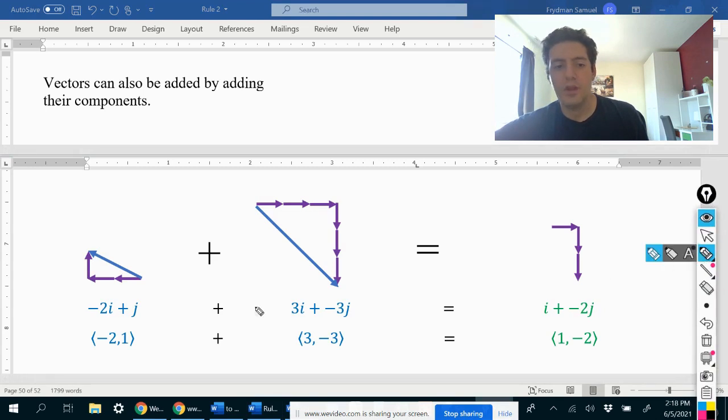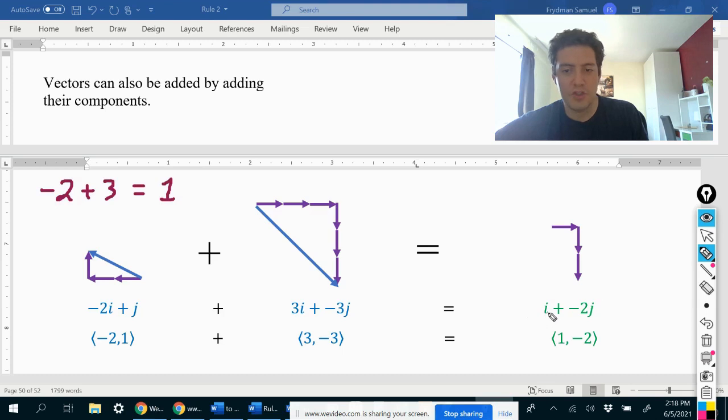So the coefficient in front of the i for this vector is negative 2, and the coefficient in front of the i for this vector is 3. So I'll just do it on the side over here. Negative 2 plus 3 is positive 1. Okay, so we end up with just positive 1i. I didn't even write the positive 1 in front of the i here, but you can write it in if you want.